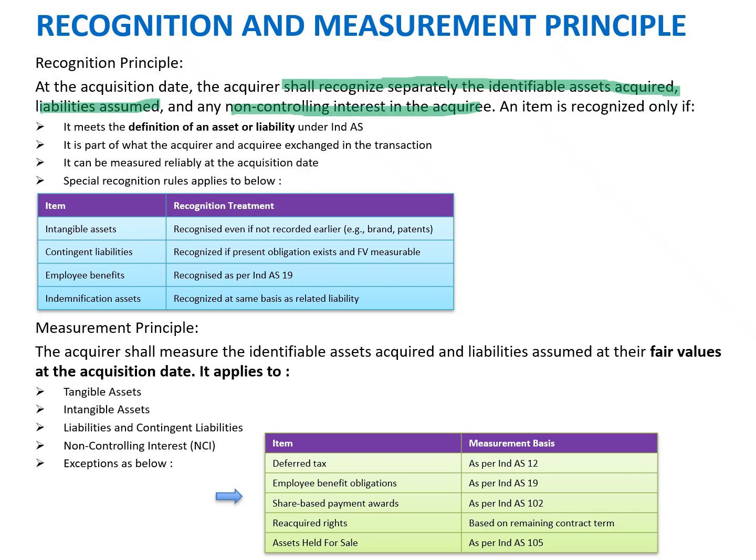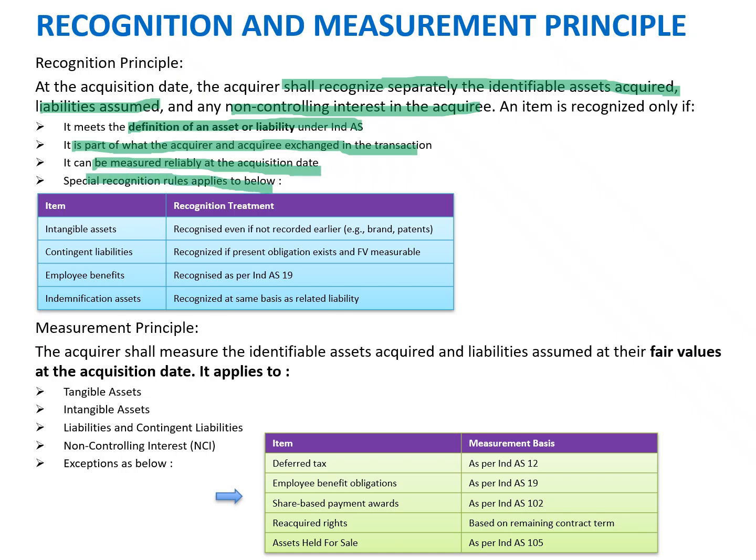An item is recognized only if it meets the definition of an asset or liability as per the Ind AS. It is part of what the acquirer and the acquiree exchange in their transaction. It can be measured reliably at the acquisition date, and special recognition rules apply to the items below.